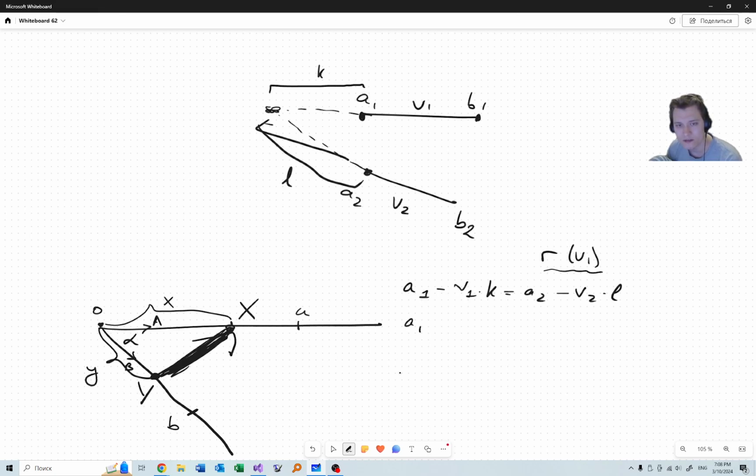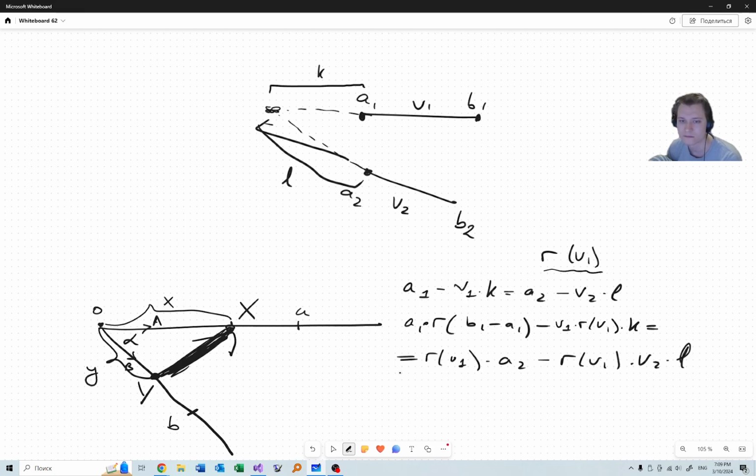So now we have a1 times r of a1 times r of b1 minus a1 minus v1 times r of v1 times k equals r of v1 times a2 minus r of v1 times v2 times l. Let's go. So this is simply 0.